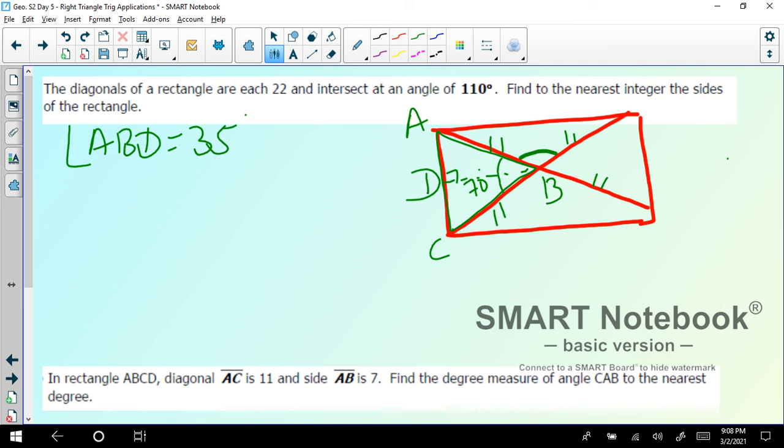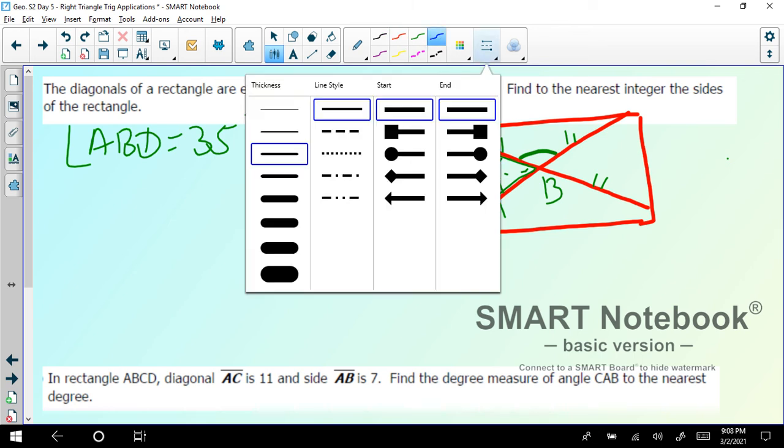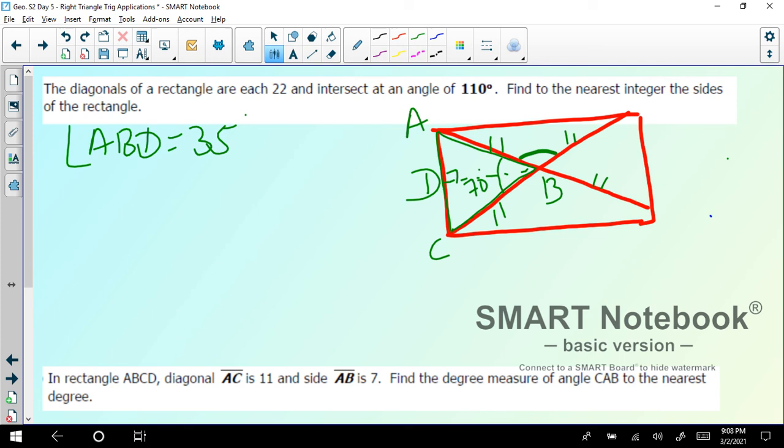With reference to 35 degrees, AB is the hypotenuse, AD is the opposite side, and DB is the adjacent.